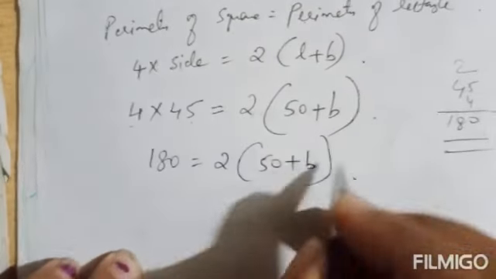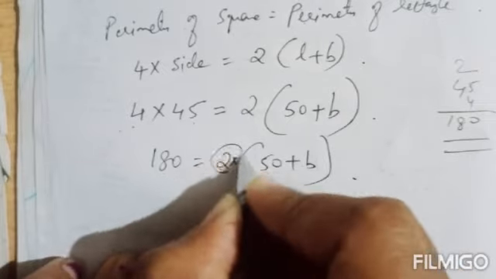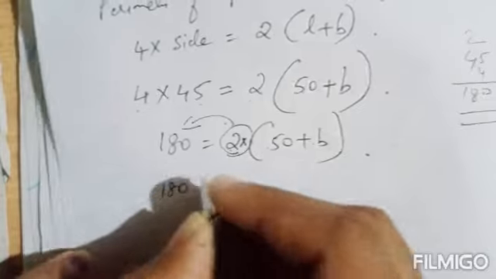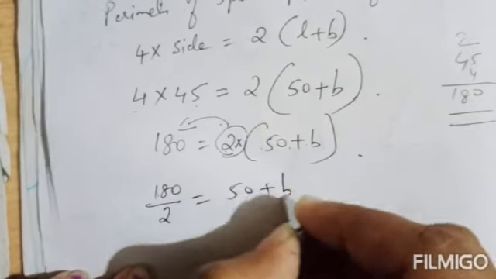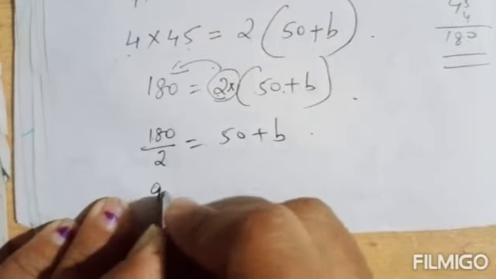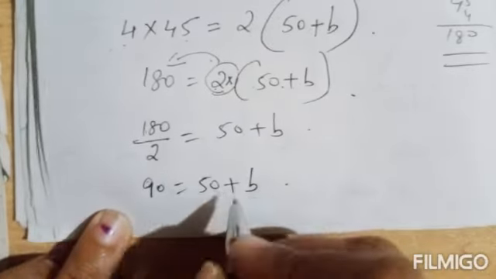Solving, you will get B. So 2 into 50 plus B. This multiplication 2 we are taking to this side, so that will be 180 divided by 2 equal to 50 plus B. 180 divided by 2 is 90, equal to 50 plus B. Now how can you find B?